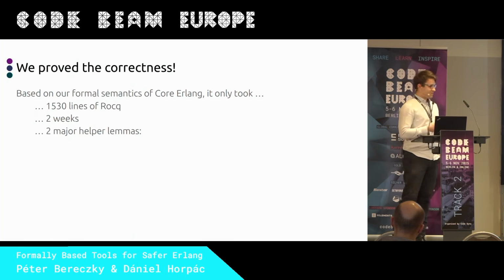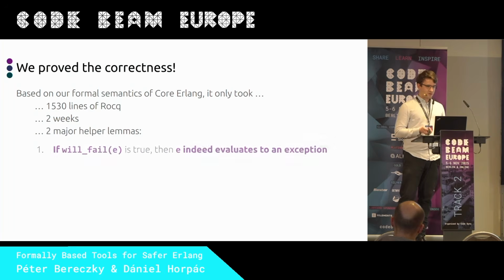And 2 major helper lemmas, which are quite natural if you think of it. So we formalized this will_fail predicate, and if it returns true for some expression, then we prove that this expression indeed evaluates to an exception.